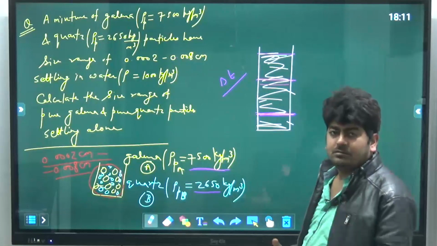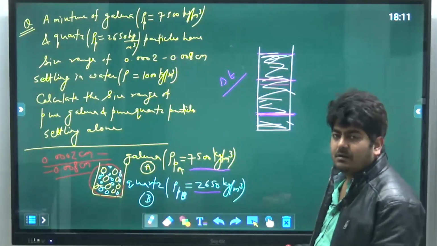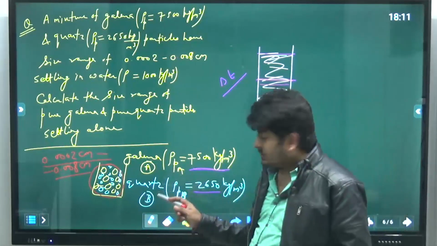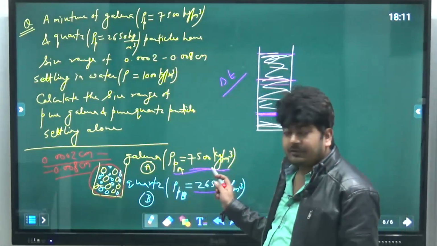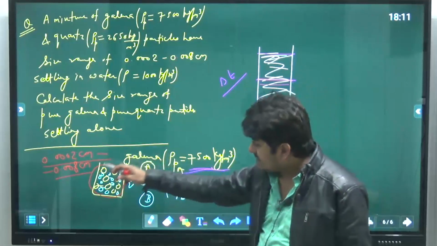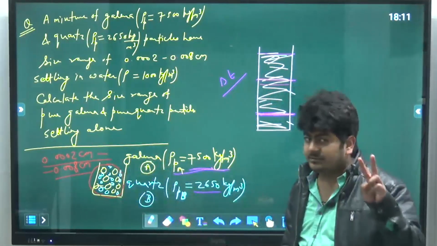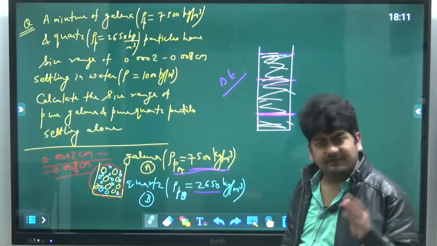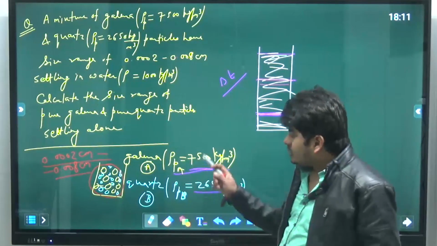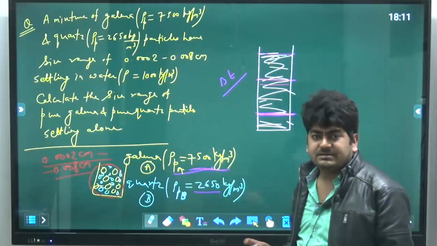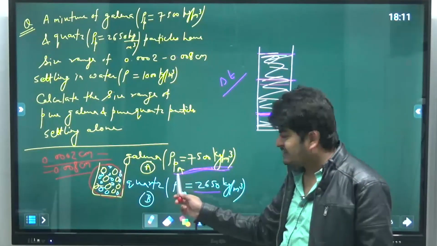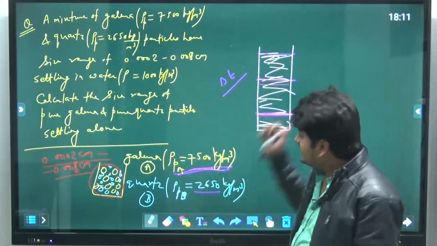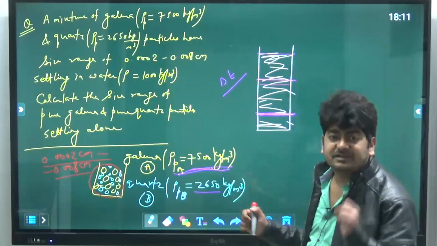So now the second logic, the size. Now galena particles have higher density. So in this mixture we have two types of galena particles, small size and large size, or you can say coarse and fine. So coarse size galena particles, since they are already settling with higher velocity, will reach the bottom at first.